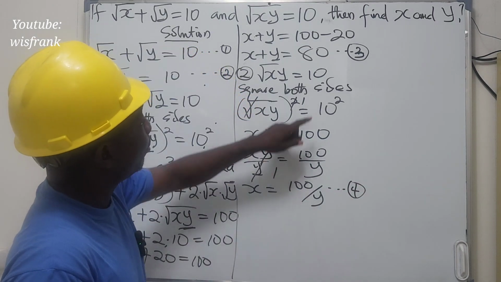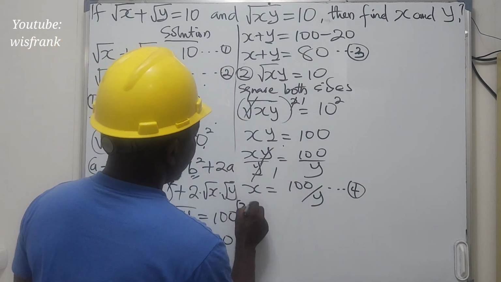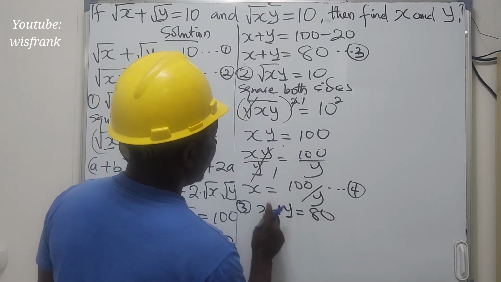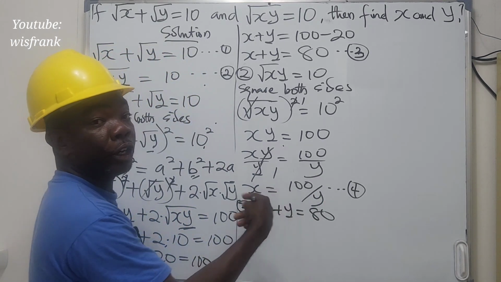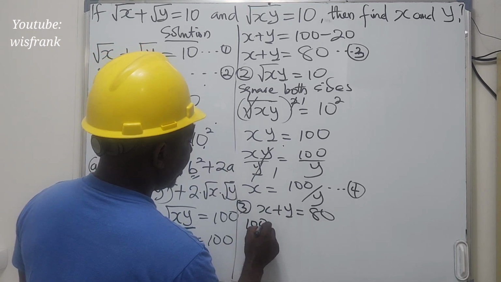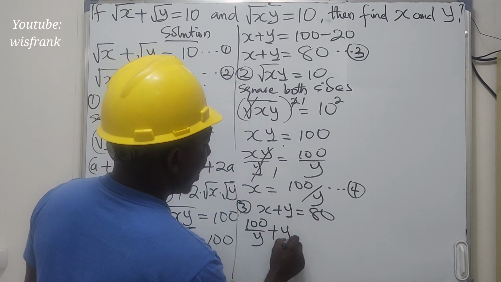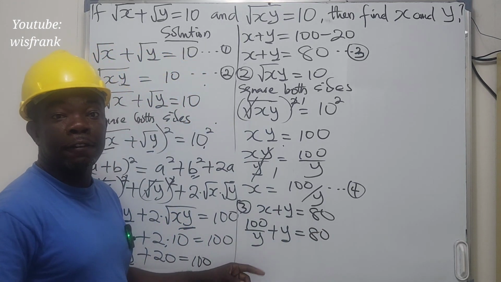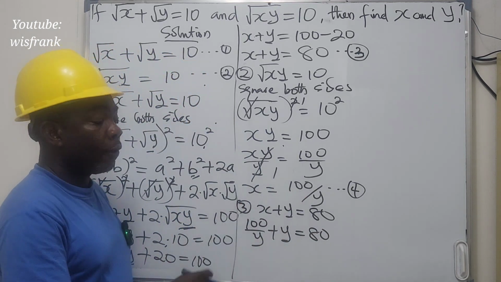So from here, let's take equation 3, which is x plus y equals 80. We are going to substitute the value of x as 100 all over y into equation 3. So this will become 100 all over y plus y equals 80. For us to clear this fraction, we need to multiply all through by y.